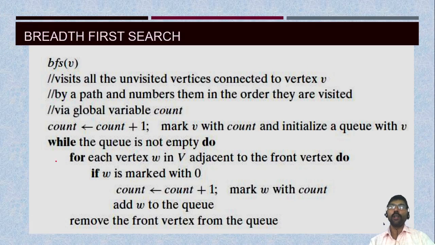In the next algorithm, I have created one BFS algorithm. Initially, the count is initialized to 0. First, the count becomes 1 here. Mark the first unvisited node with the count value, that is 1, and add this V to the queue.